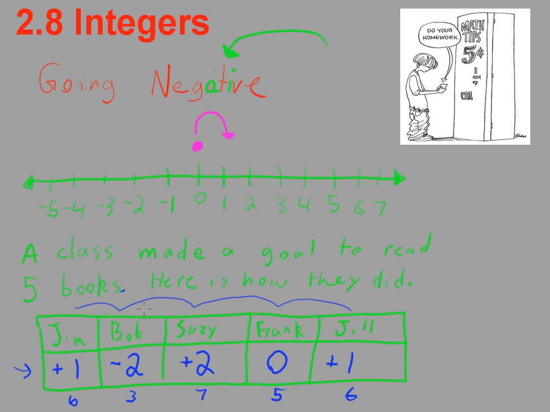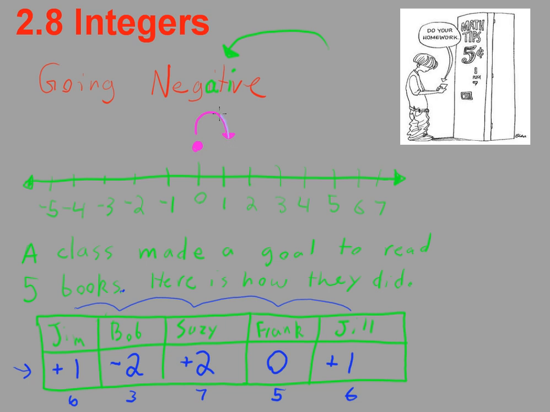Next, Bob read -2. So he was 2 below what he was supposed to read. So we have to go back 2 on our number line. So I'm going to jump back to 0 and then down to -1. I jumped backwards 2. Does everyone see that? I'm going to actually do that in a different color so you can see it a little better.